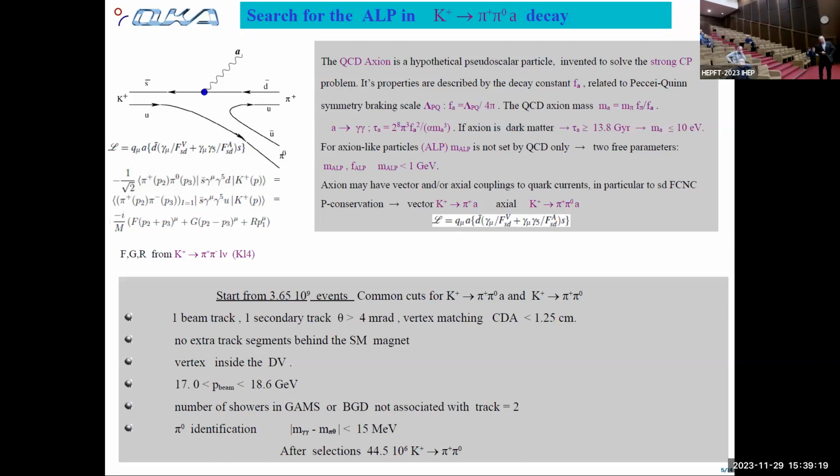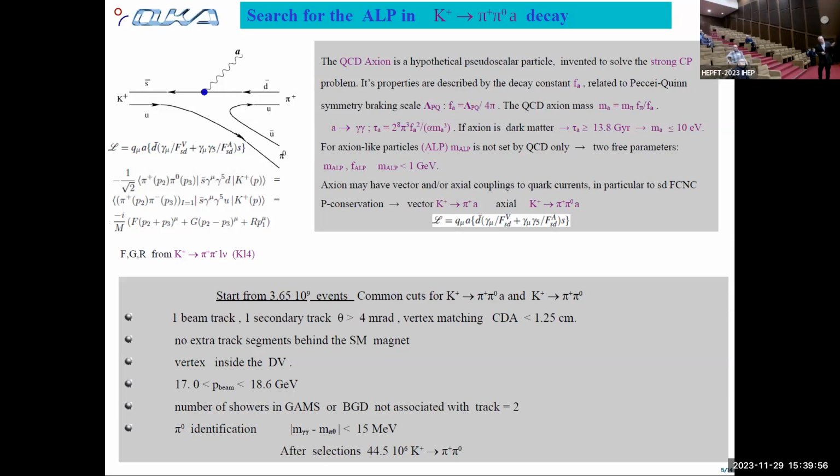And if the axion is considered as a dark matter candidate, it has to have a lifetime more than the lifetime of the universe, and from that you can derive that the mass of the axion should be less than 10 eV. And the axion-like particle is a bit wider concept, which assumes that the axion may get mass not only from QCD but from other mechanisms.